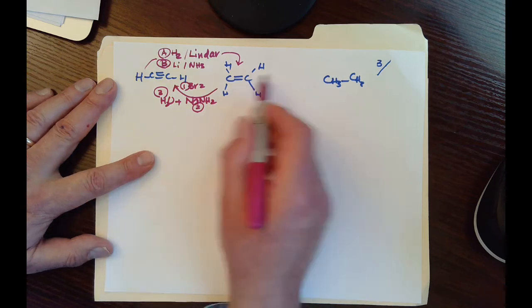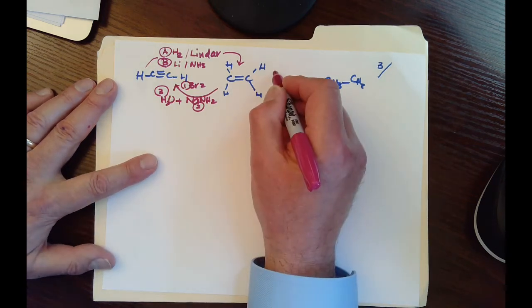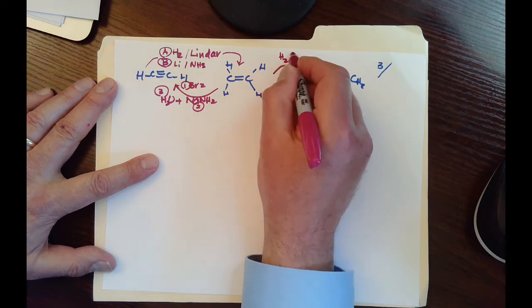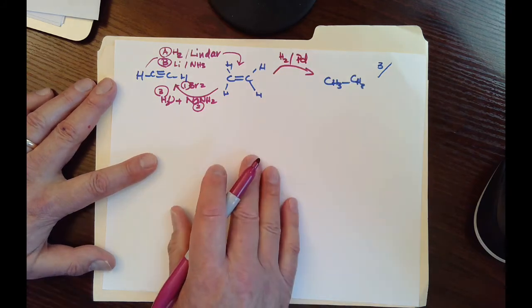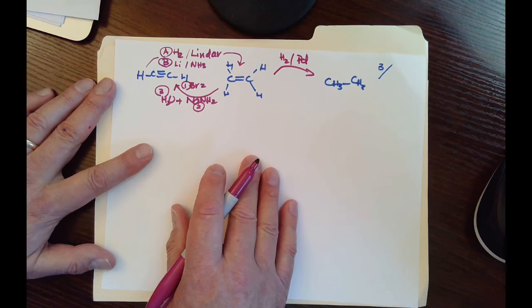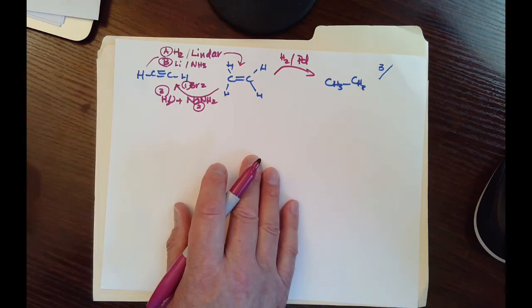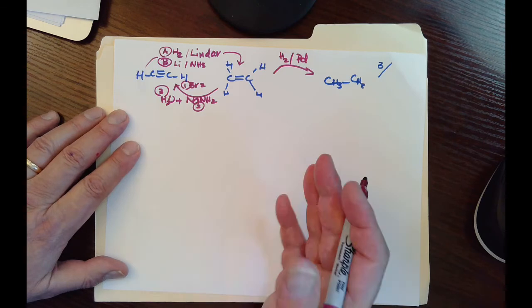How about from here to here? So this was a very easy one. We remember we used hydrogen gas and palladium as a catalyst. Now we haven't learned yet how to go directly from an alkane to an alkene, but there are other ways.